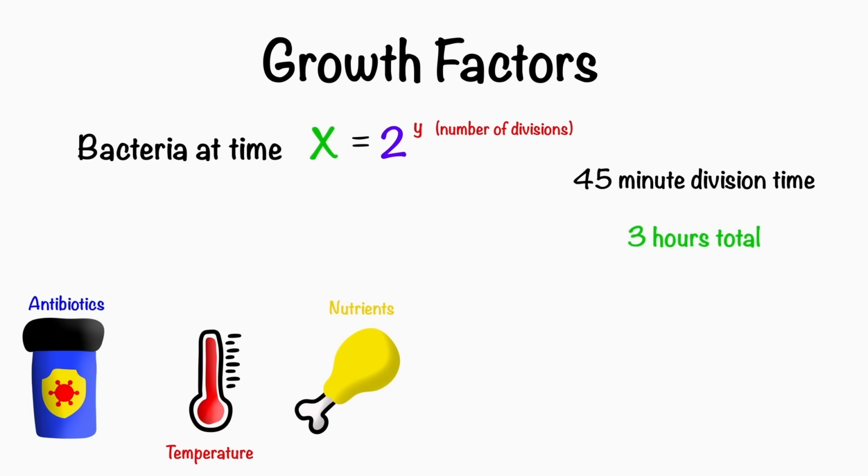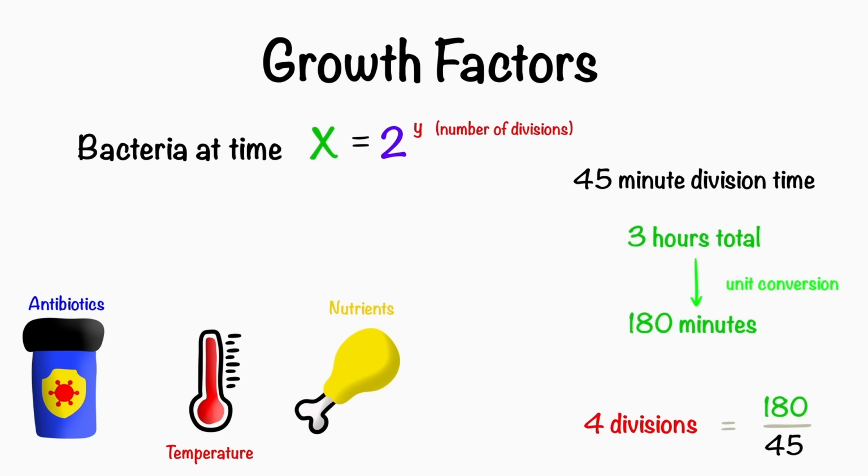Say we have a bacterial cell with a mean division time of 45 minutes, and we want to know how many cells it will produce after 3 hours. First, we convert all our time measurements to the same units. 3 hours is switched to 180 minutes.